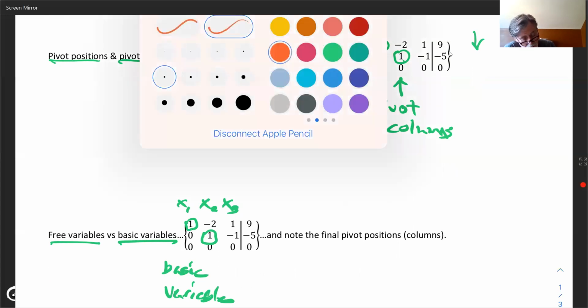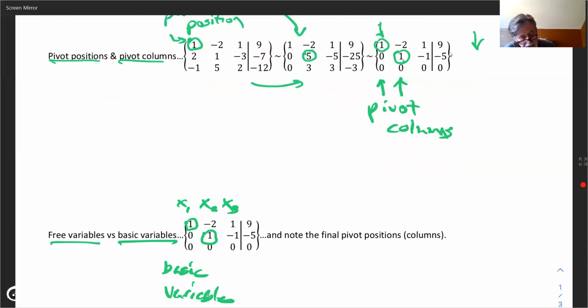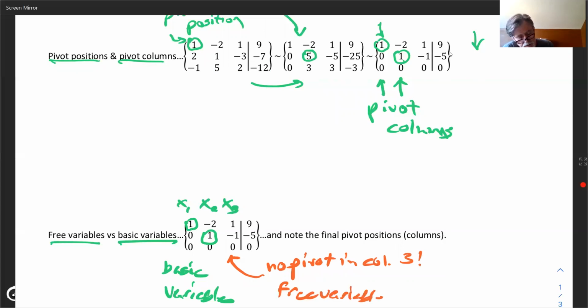The column without a pivot, there is no pivot in column 3. So therefore, this is what they call a free variable. You'll see why in a second. So what variable is that? Column 3, that's x3. For the basic variables, what are they? x1 and x2. They're basic variables, and the free variable is x3.